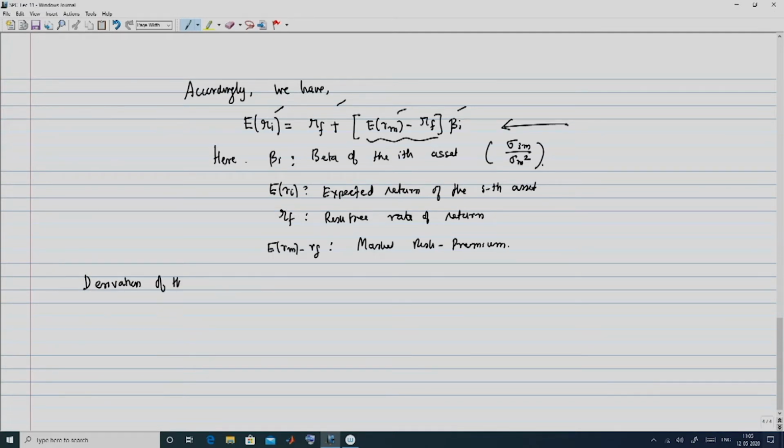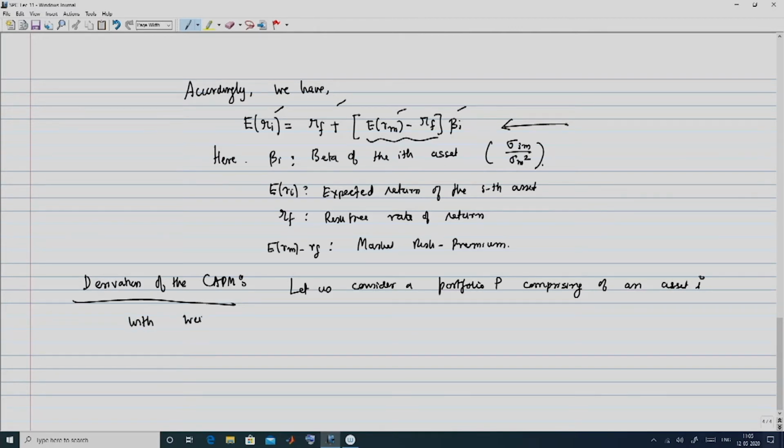Okay. Now that I have set up this equation, let me talk about the derivation of the CAPM. Let us consider a portfolio P, and this portfolio comprises an asset i with weight Wi and the market portfolio M with weight 1 minus Wi.